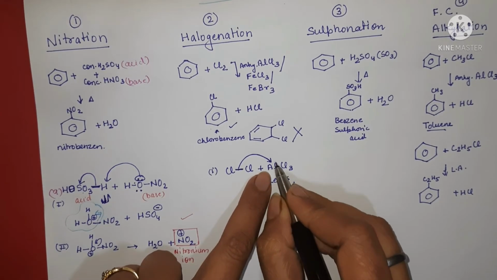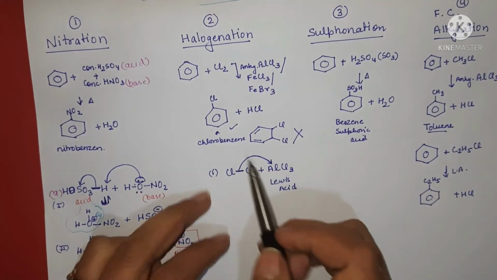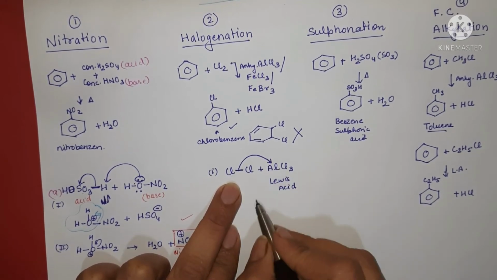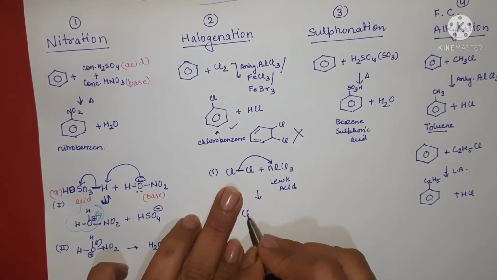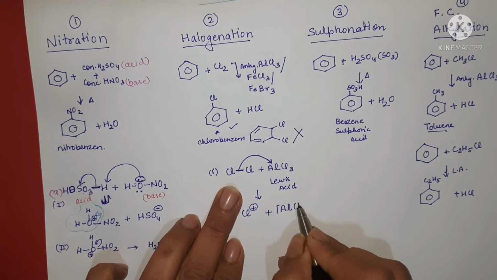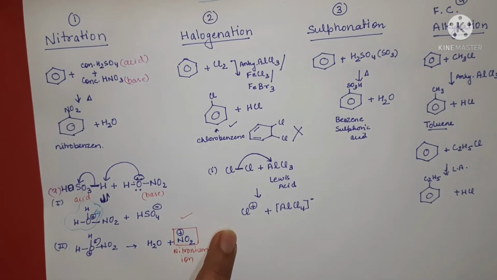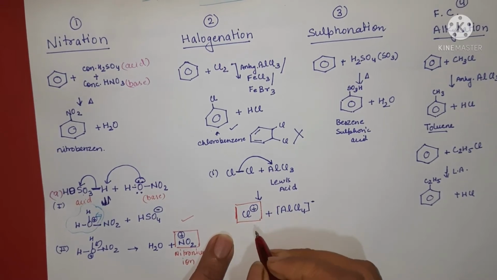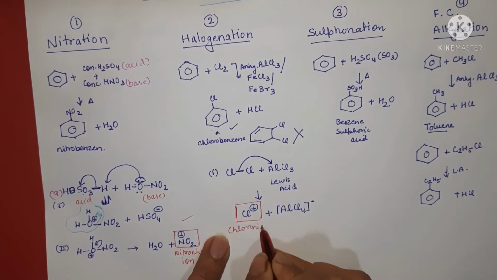It means the orbital of aluminium is vacant, and it can accommodate the electrons of this bond also. So the shifting happens, this bond gets broken, and we have Cl positive plus AlCl4 negative. Now in this halogenation reaction, this Cl positive is our electrophile. We call it the chloronium ion.